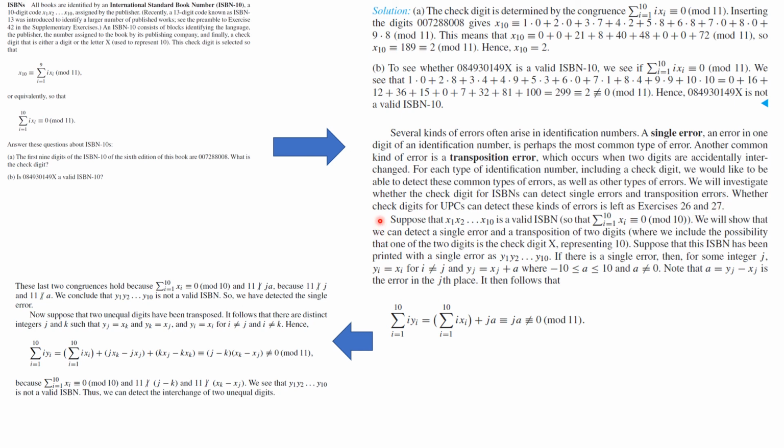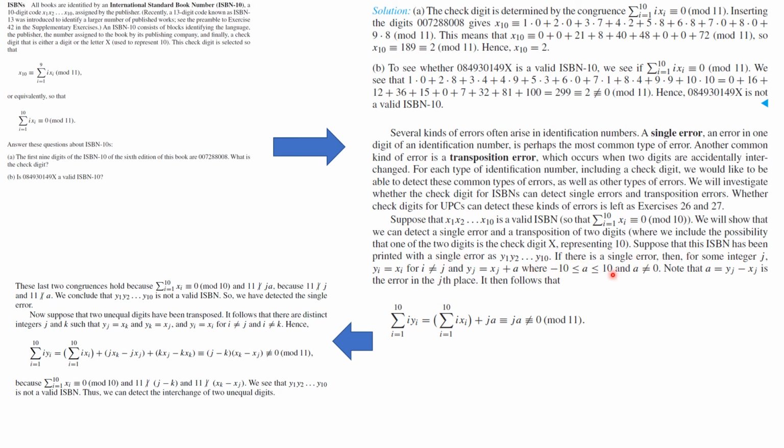So suppose that x1, x2, ..., x10 is a valid ISBN, and so that's going to be congruent to 0 mod 11. We can detect a single error and a transposition error when we include the possibility that one of the 2 digits is the check digit X representing 10. So suppose this ISBN is printed with a single error.